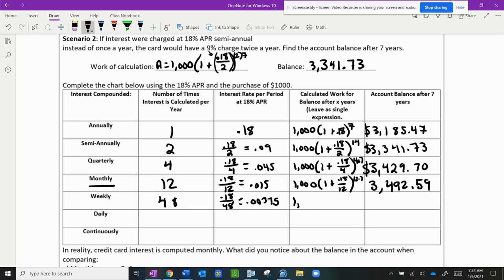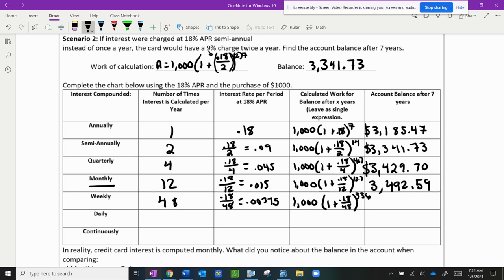You can see why the equation is a little bit more friendly. I'm not dealing with that. Let's just put 0.18 divided by 48, and then I have 48 times 7.